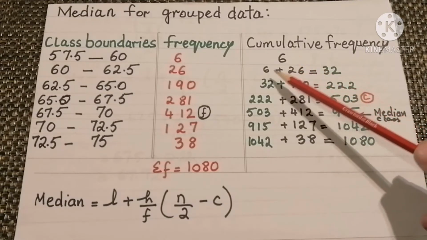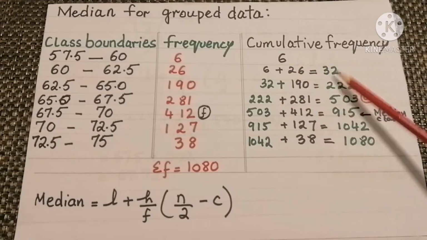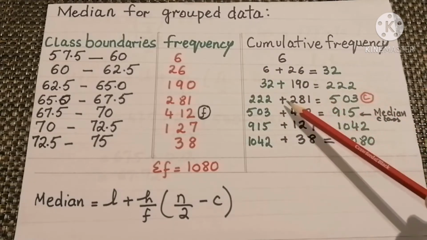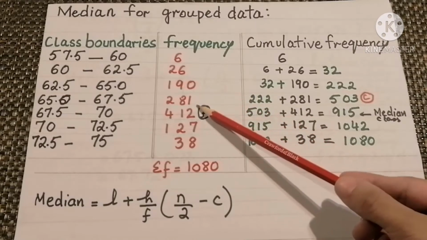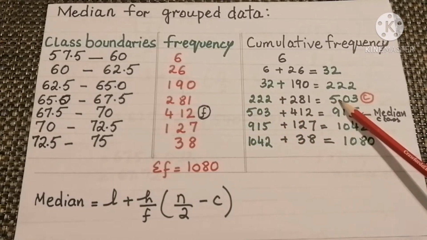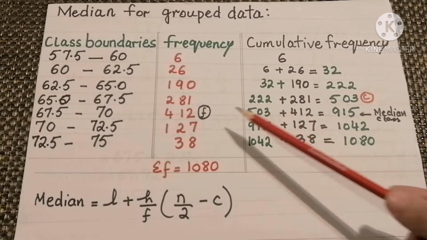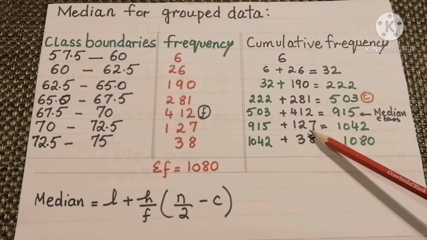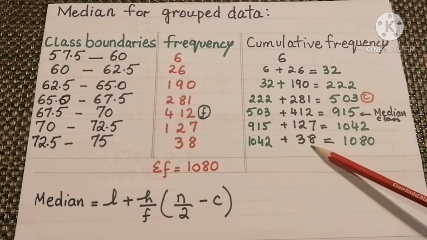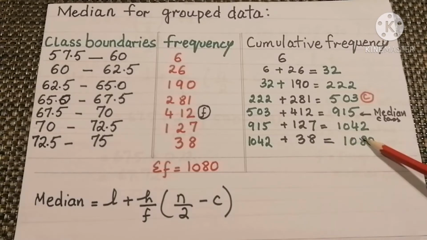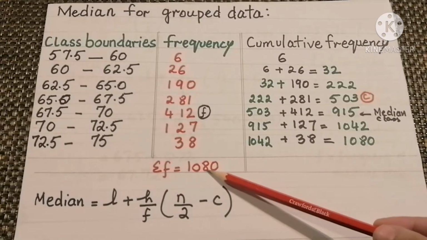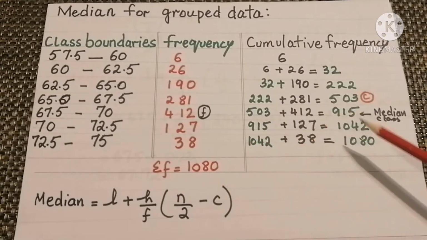Like 6 plus 26 is 32, then 32 plus 190 is 222, then it is added in 281 and we get 503, then it is added in 412, we get 915, and 127 is added, then 38 is added and we get 1080. Now you can see that the sum of the frequency, sum of f, is equal to the last cumulative frequency.